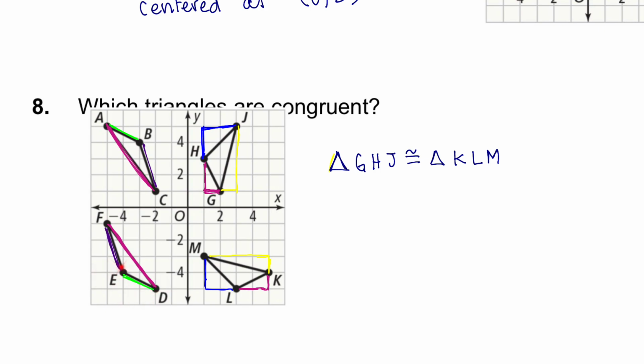And then the final one, legs of 1 and 3. Draw your congruency statement. Triangle ABC is congruent to triangle DEF, where D corresponds with A, E corresponds with B, and F corresponds with C.